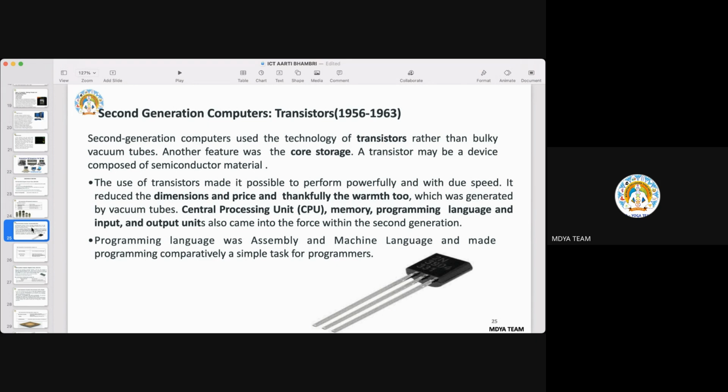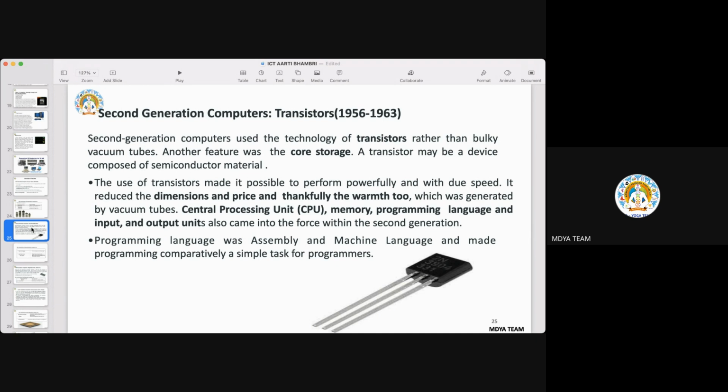All these units in a computer, like CPU, memory unit, input output units, have circuitry. So they came into force with the second generation. Sometimes they ask: the CPU entered this field in which generation of computers?